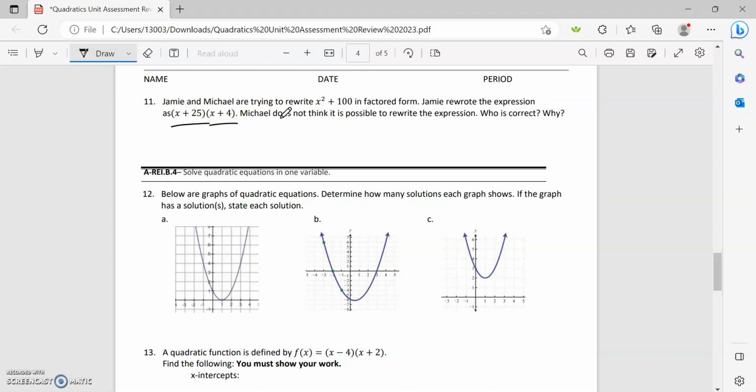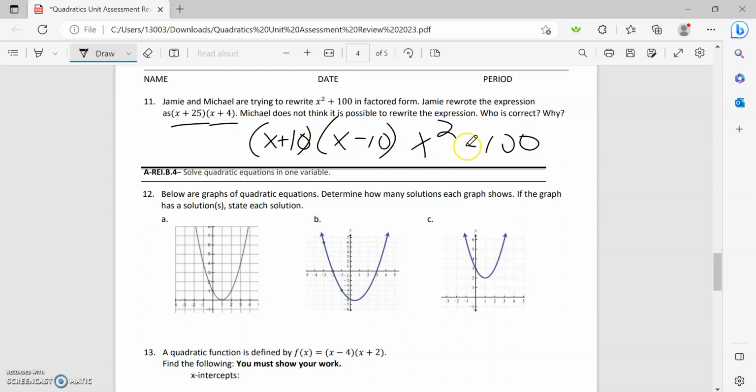But Michael is correct. It is not possible because remember, when I do this parentheses deal, I have x plus and x minus some number. So let's say I did 10 and 10. The reason I do 10 is, 10 times negative 10 is at least 100, but it's not positive. But the other thing is x times negative 10, x times positive 10, will at least give me x squared and a constant term.